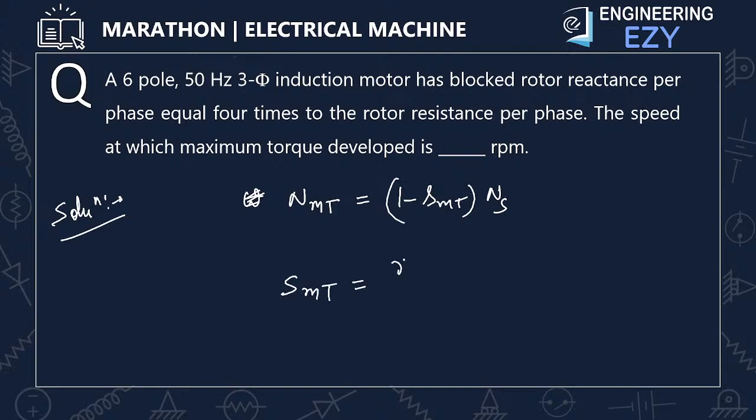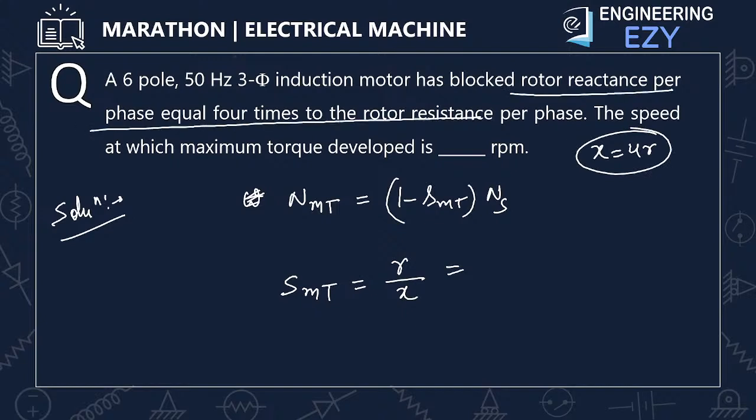Slip at maximum torque is R by X. The rotor reactance per phase is 4 times the rotor resistance, so X is 4R. So it is R by 4R, that is 1 by 4, means 0.25. And if SMT is 0.25, you can calculate the NMT.